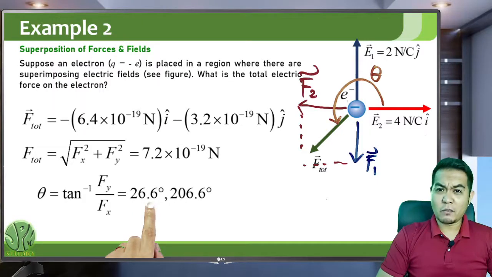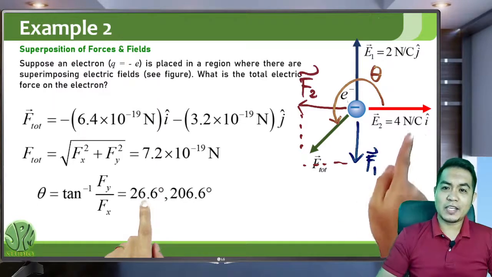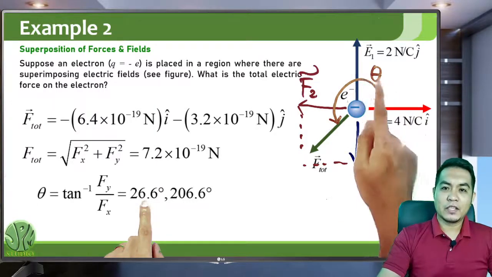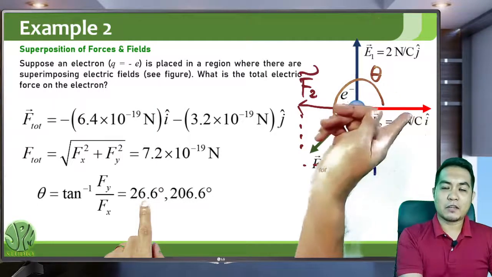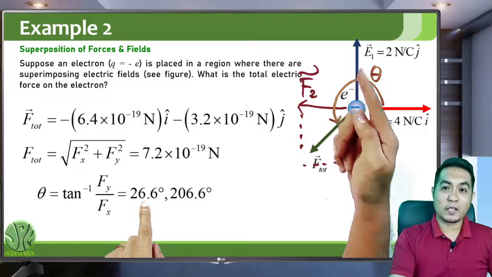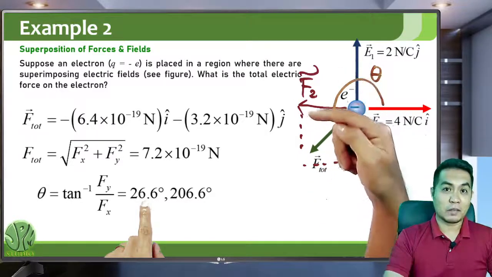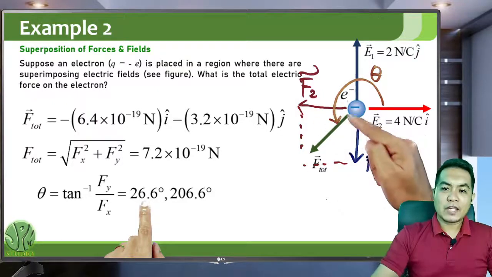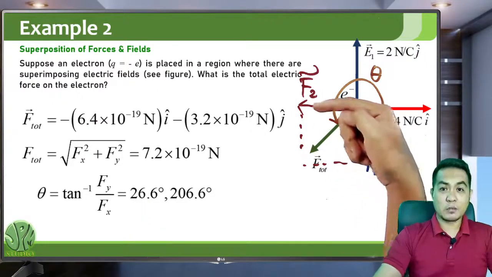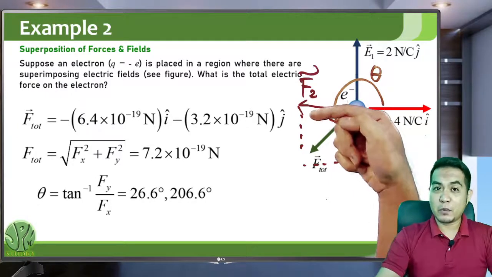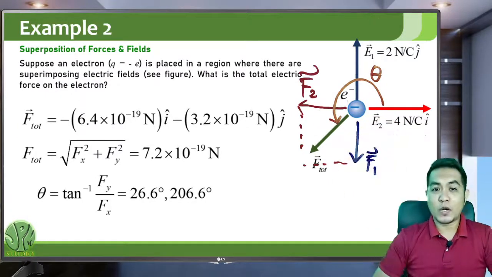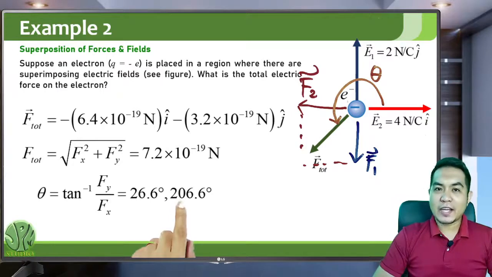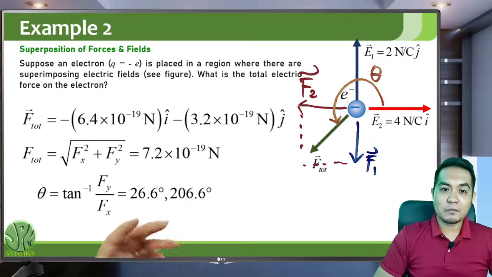But this is wrong because 26.6 degrees is in quadrant number 1. Take note, quadrant number 1 has angles from 0 to 90. Quadrant number 2, 90 to 180. Quadrant number 3, 180 to 270. So, meaning, since our vector is in quadrant 3, we expect that our angle must be between 180 and 270 degrees. So, to get the second angle, you just add 180.